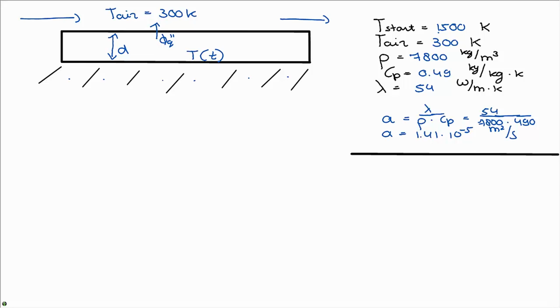Then you have to calculate the Fourier number for this cooling process. You know that the Fourier number can be calculated for heat by the heat diffusivity times the time divided by the thickness squared, but since this is a plate that is not cooled on both sides but on one side, this term changes into 2D squared.